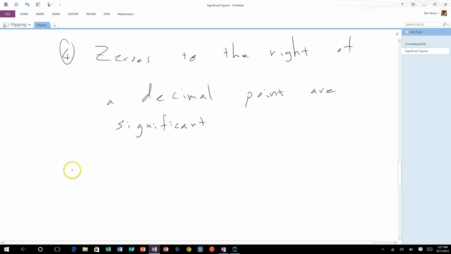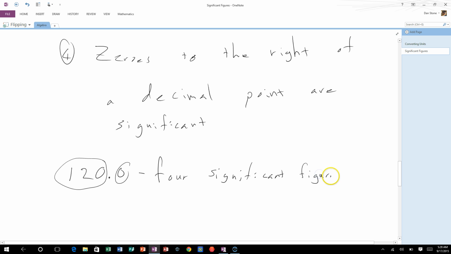Always. So if we had 120.0, how many significant figures do we have? Well, we saw from before that these first 3 will be significant, and now this additional one is also significant, which means we have 4 significant figures.